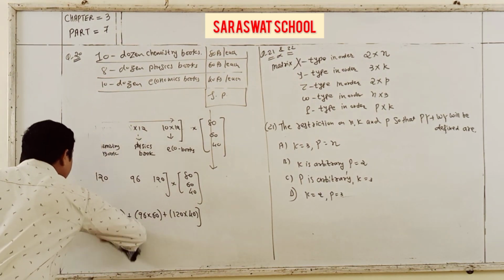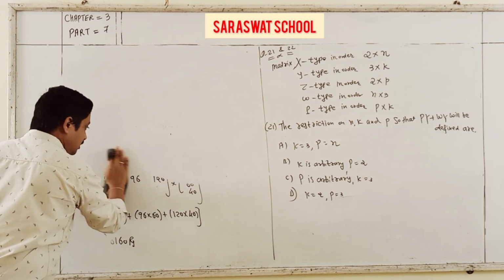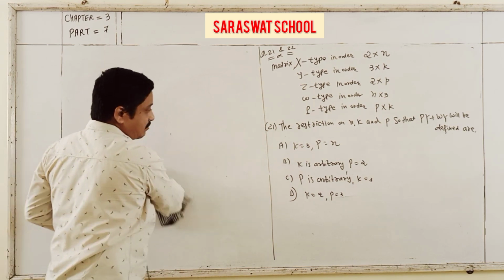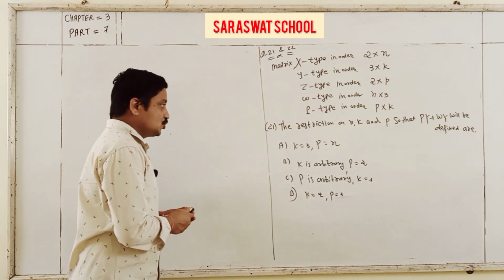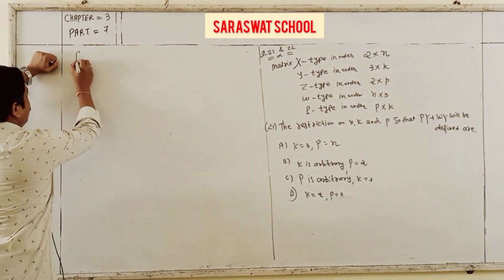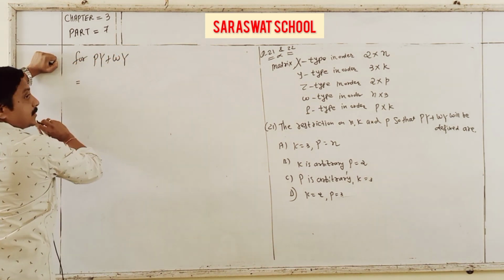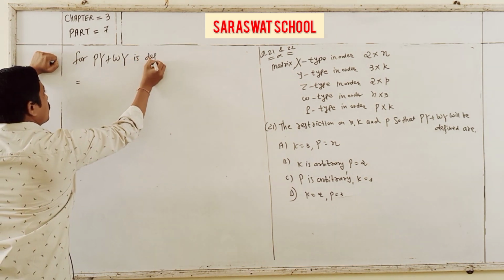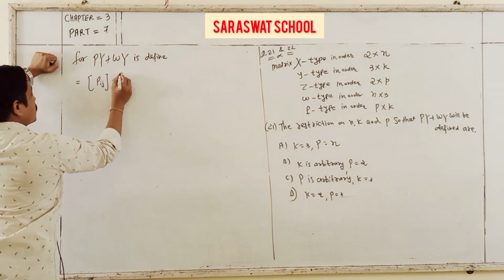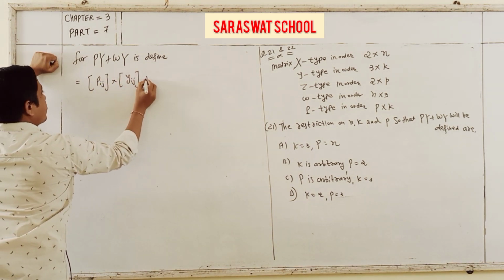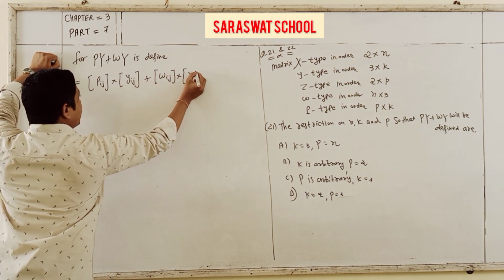So very easy, just you go for explanation. First of all, I apply the matrix multiplication rule one by one in this PY and WY. So therefore for PY plus WY to be defined, P of ij, Y of ij, W of ij and Y of ij.